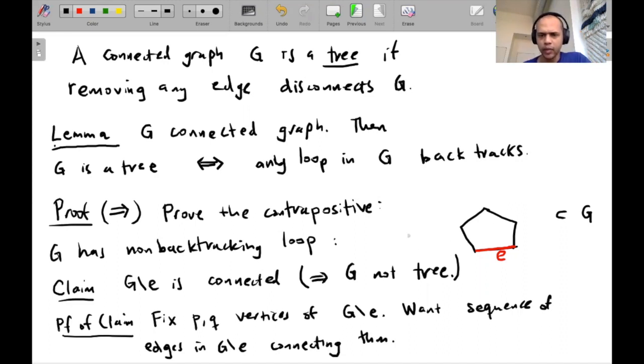Okay, so let me continue the picture here. We have some P and some Q, and we want a sequence of edges in G minus E connecting them.